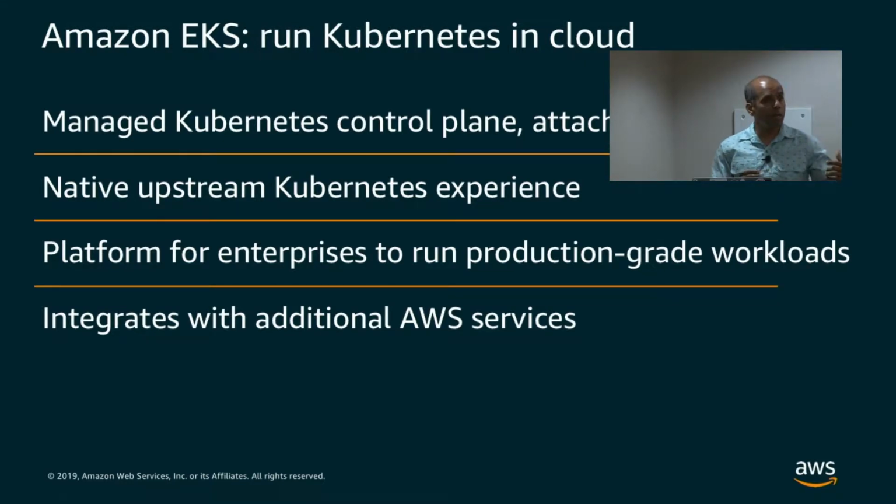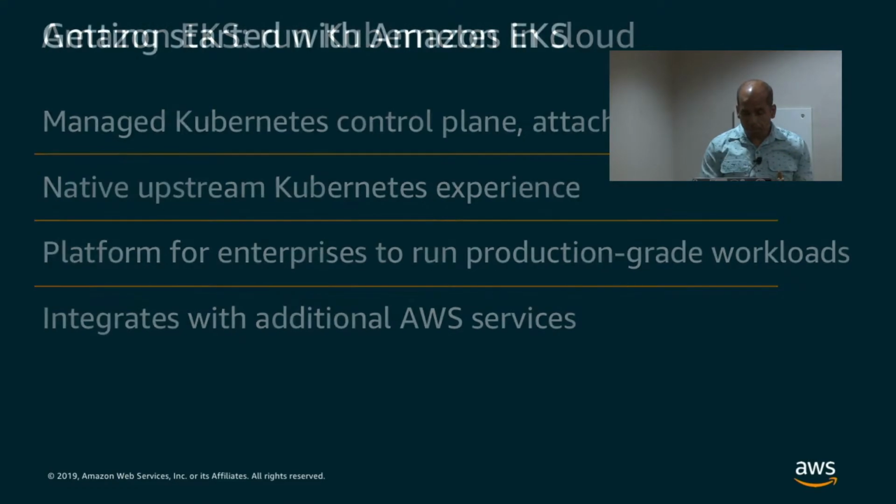You want an integration with IAM because that's what AWS customers use. That integration is there. You want to make sure that all your kubectl commands are sent to CloudTrail. That's all there. All of those integrations with existing AWS services are undifferentiated heavy lifting if you're running a self-managed Kubernetes cluster on EC2. But those are all available as part of Amazon EKS.